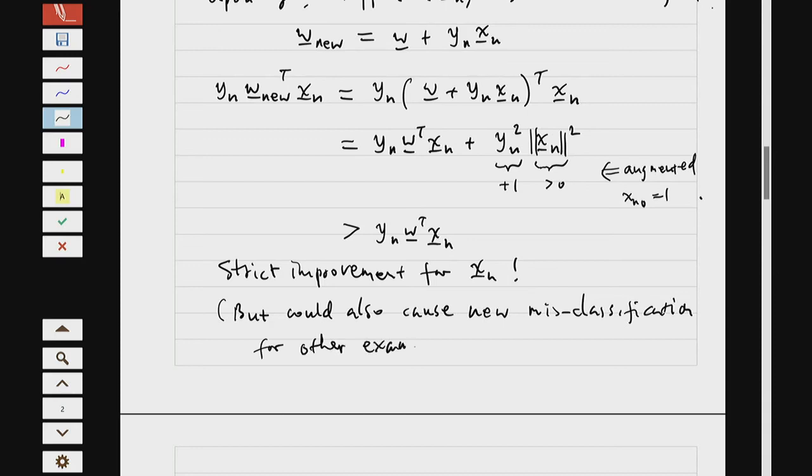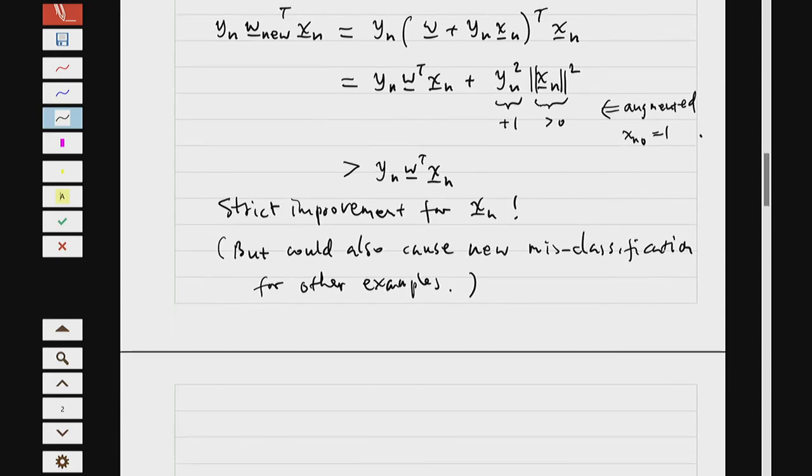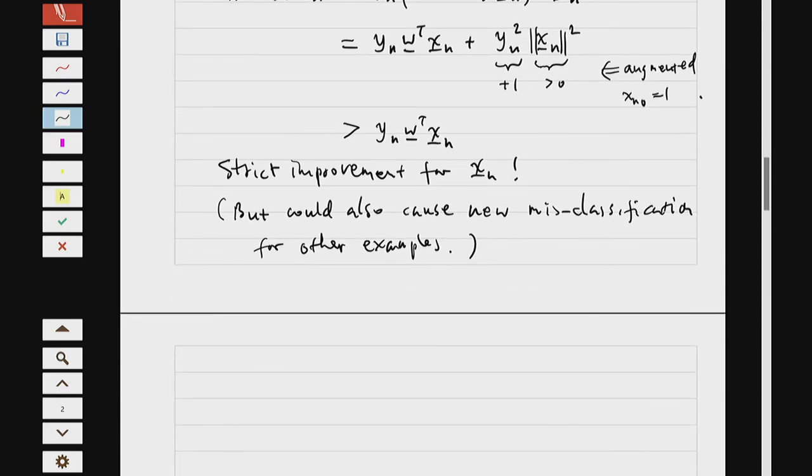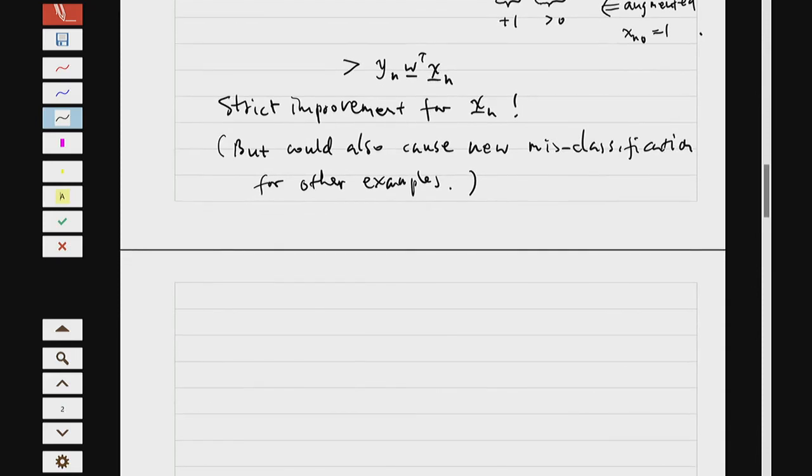To properly show that the perceptron learning algorithm works, you really need a different, more rigorous proof than this intuitive explanation. This was in fact first given by someone called Rosenblatt, so sometimes this is called Rosenblatt's perceptron.